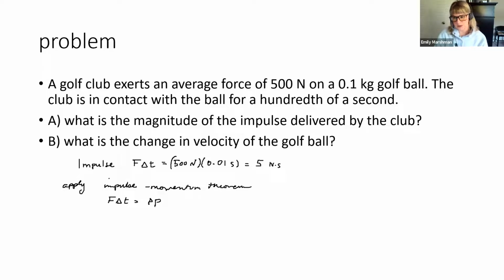Remember, p stands for momentum. And I'm going to write this slightly differently. F delta t is equal to the change in momentum, which is the object's mass, remember, times the change in its velocity. This is the change in the golf ball's momentum.